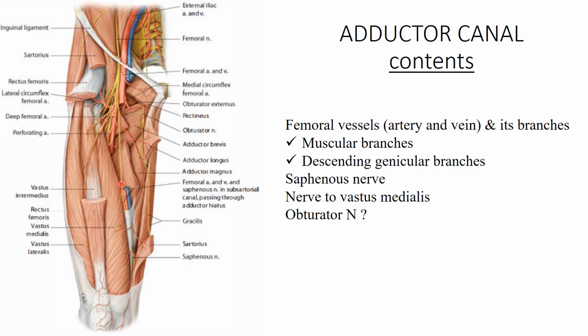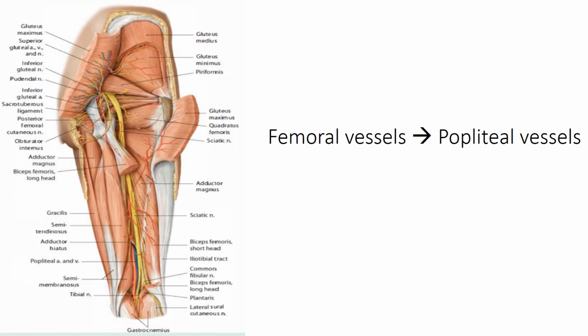So the relationship of these structures changes again. So the femoral vessels, as they pass from this adductor hiatus, from this terminal end of the adductor canal, are now known as the popliteal vessels, and then they supply the posterior portion, or they are shifted to the back of the thigh. So this portion is now known as the popliteal vessels.